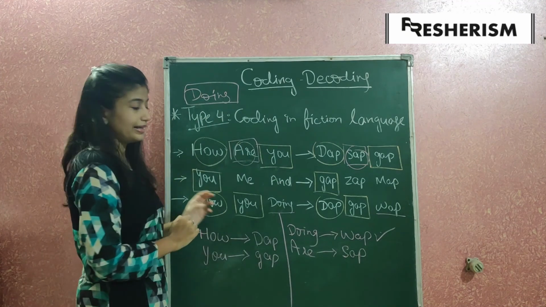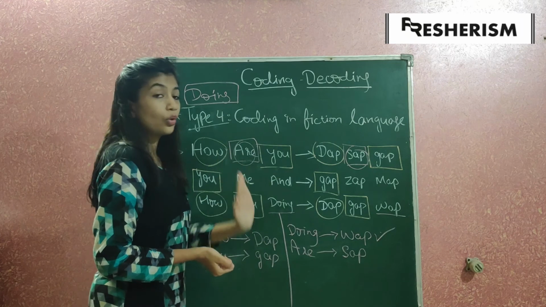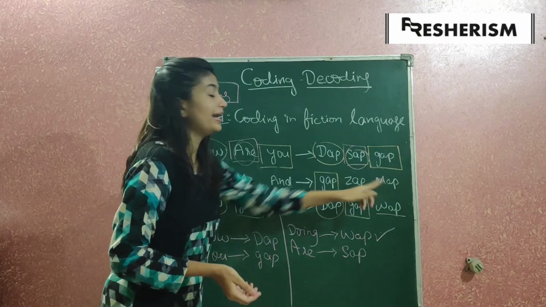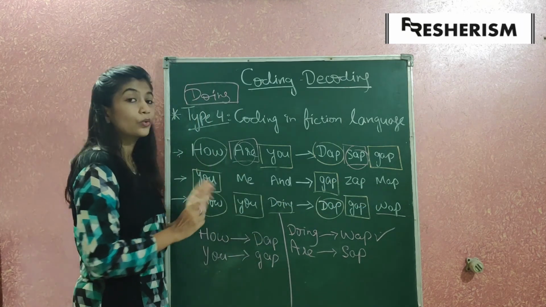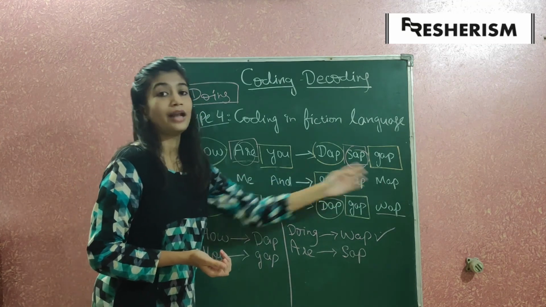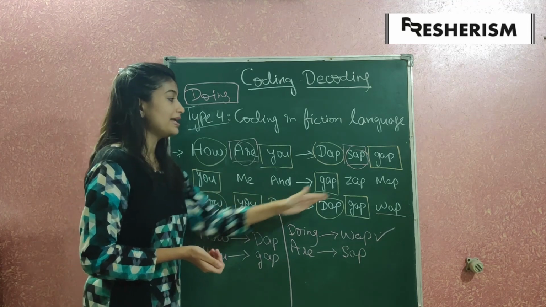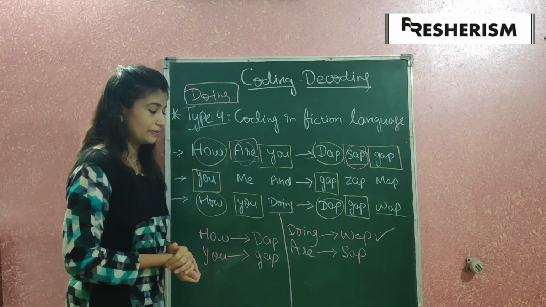In the second sentence, there are two words, me and, and the codes are also two, ZAP and MAP. So that means the code for me can be either ZAP or MAP. Same way, the code for and can be either ZAP or MAP.